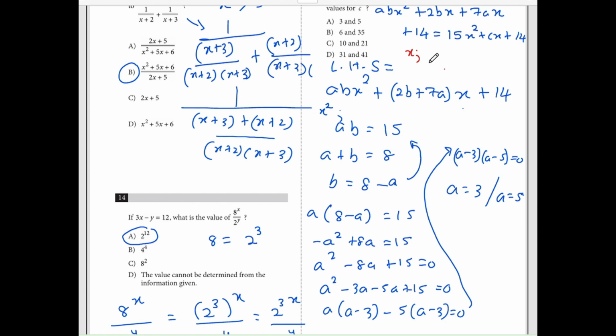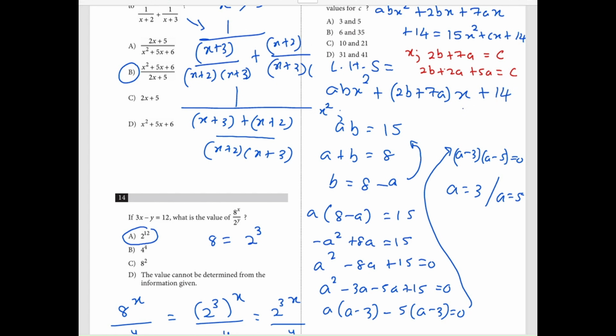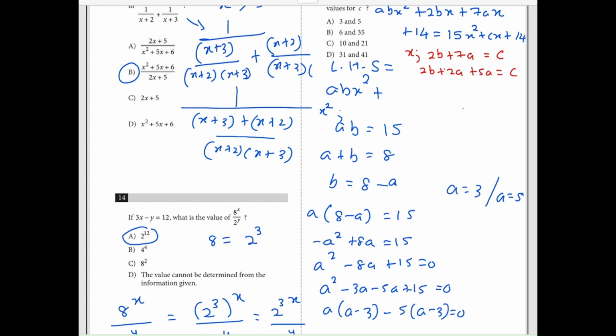we can consider 2b plus 7a equals c, and 2b plus 2a plus 5a equals c, and 2 into b plus a plus 5a equals c.